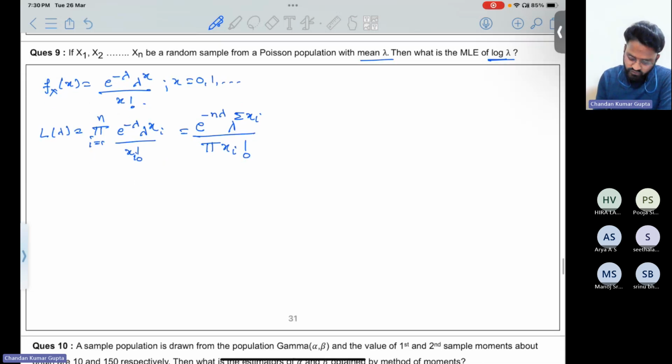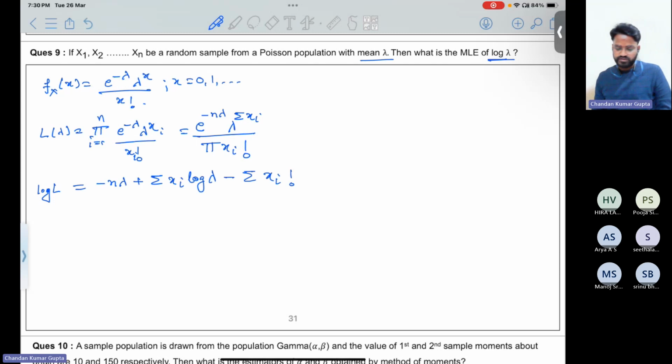Now we take the log of L, that is, e to the power minus n lambda, that cancels out, so it is minus n lambda plus summation of xi log of lambda minus summation of log of xi factorial.